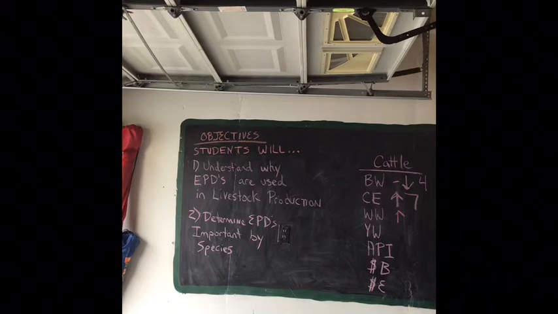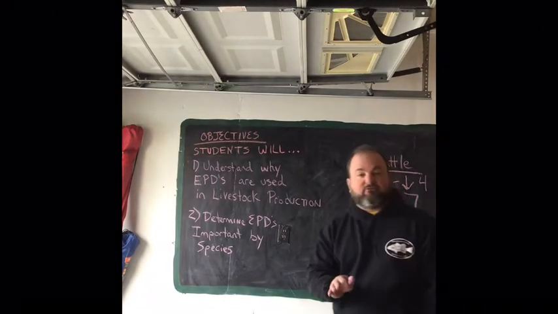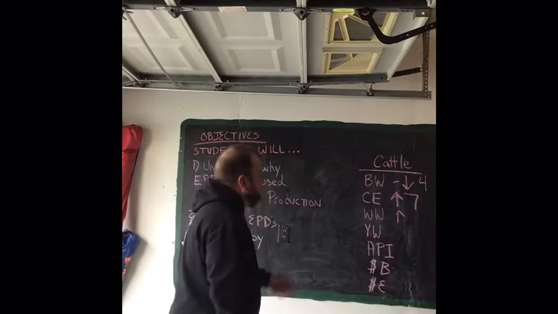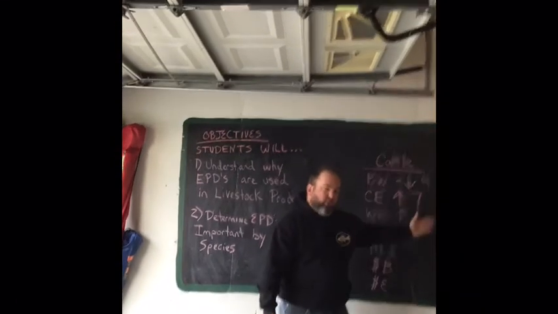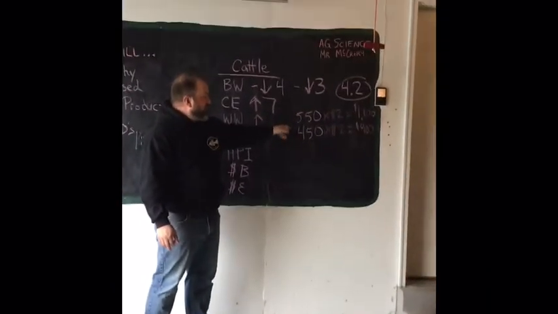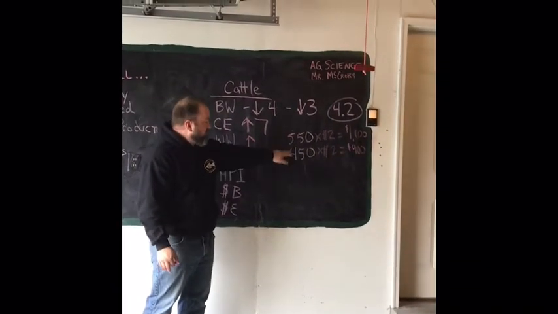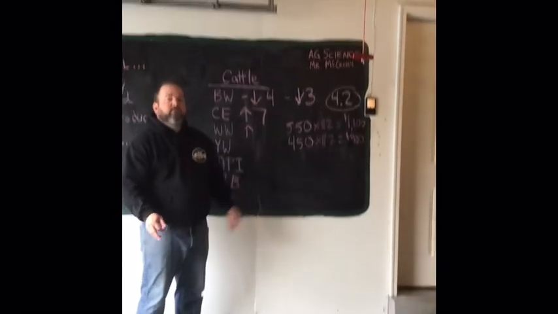If I am getting $2 per pound at the sale barn for weaning animals, how much is that? Well, this is $1,100, and this right here is $900. That's a 200-pound difference, or $200 difference for those animals. And so that's why weaning weight is important. If I have an animal weighing 550 pounds as opposed to an animal weighing 450 pounds, I'm going to get close to $200 more.